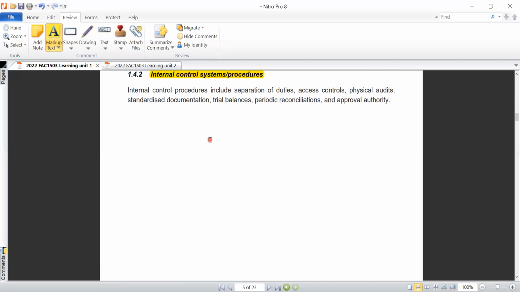Whereas internal control systems or procedures are more like policies and instructions that have to be followed, which can be, number one, separation of duties, access controls, physical audits, standardized documentation, trial balance, periodic reconciliations, and approval and authority. These are not programmed. These are not built-in controls. These are standardized procedures, instructions that we give, saying this is what you need to do, this is how it's supposed to be done.